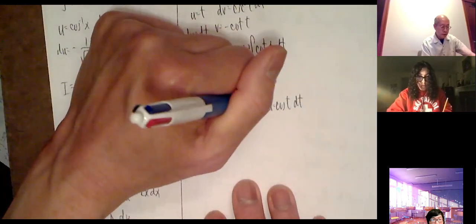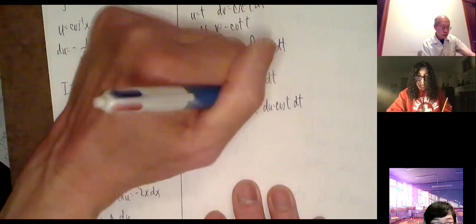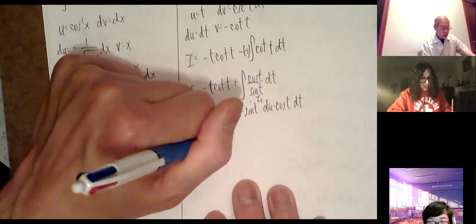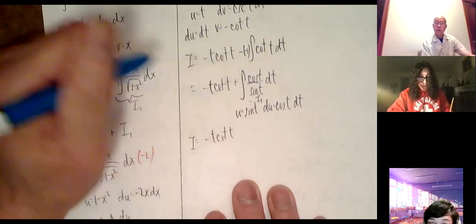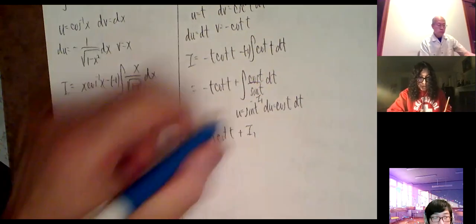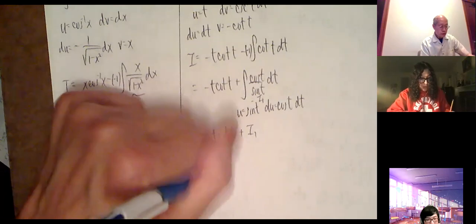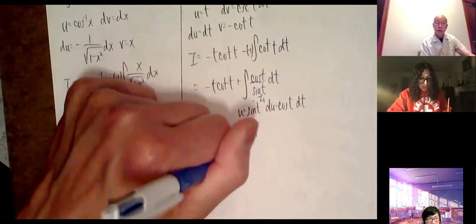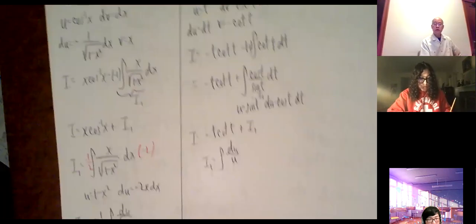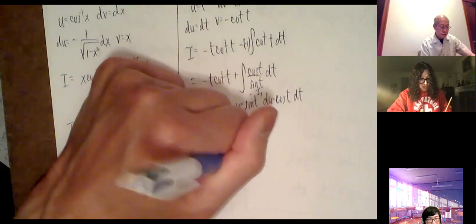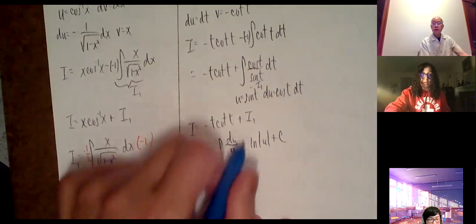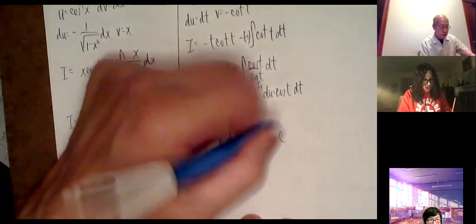Well, I should have called that I1, sorry. So negative t cotangent t plus I1. So I1 is the integral of du over u. So ln absolute u, ln absolute sine t.